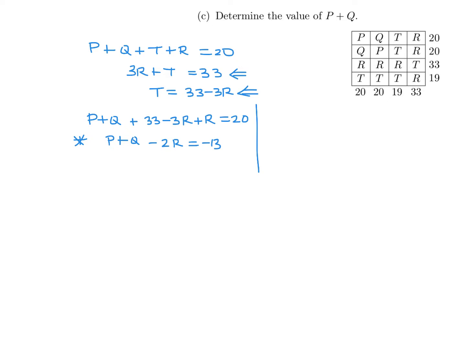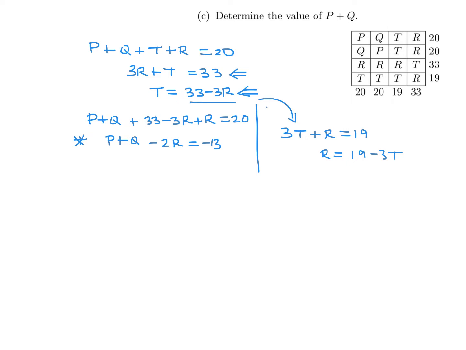So 3t, this one right here, will help. 3t plus r is 19. So that means r is equal to 19 minus 3t. Or you can just put in this value in here.